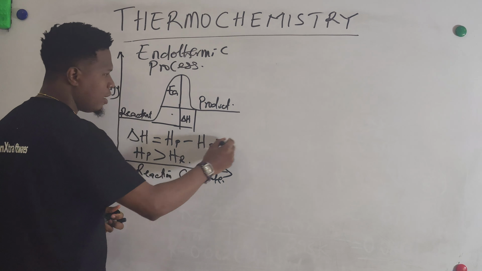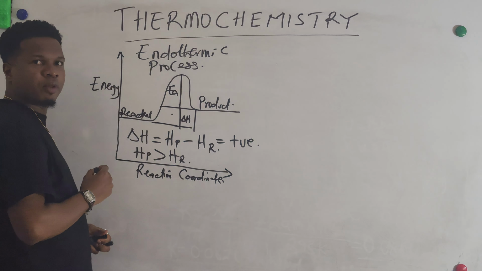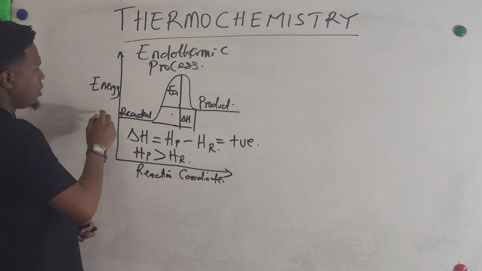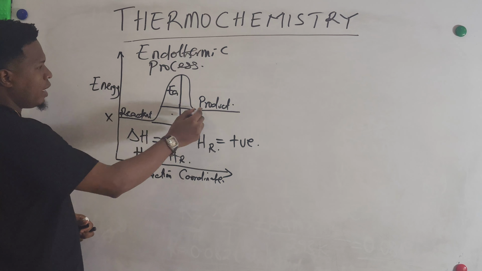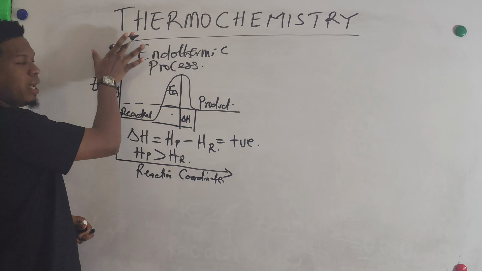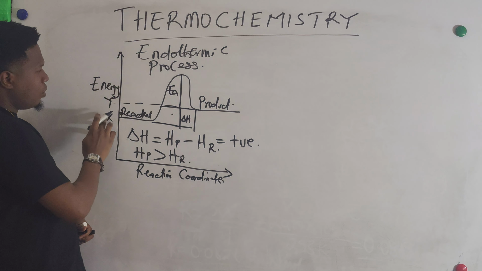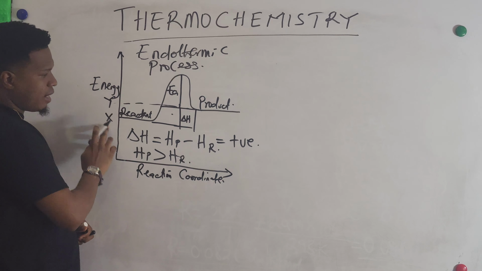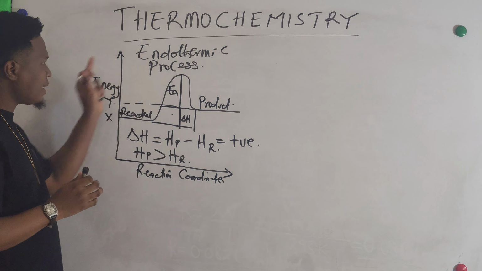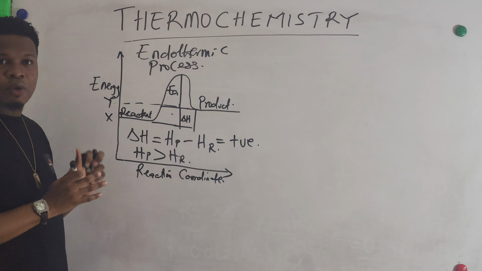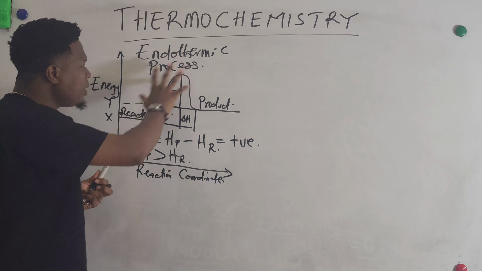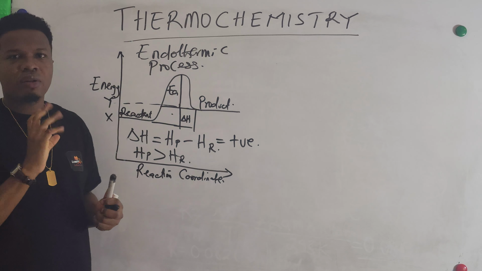It makes sense because as we go up here, energy increases, so the difference between y and x will be a positive value. Studying these heat changes accompanying each of these processes is what we call thermochemistry.